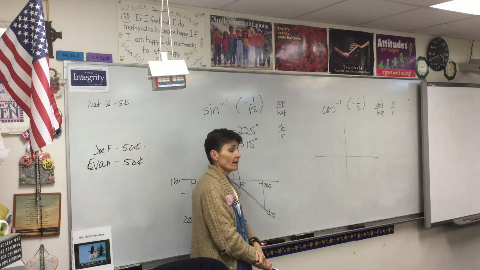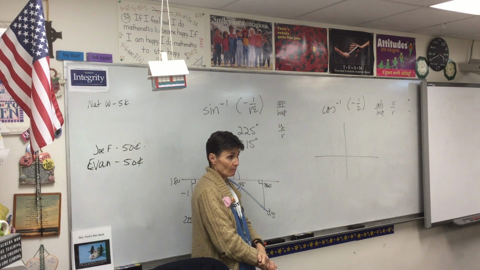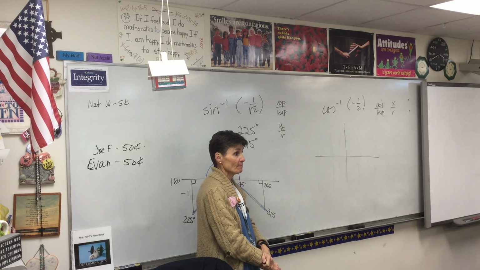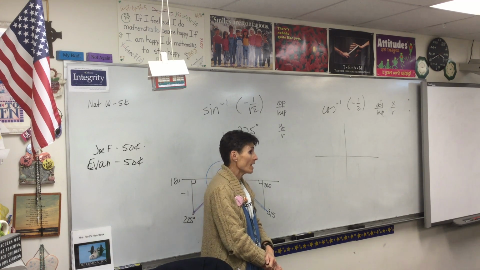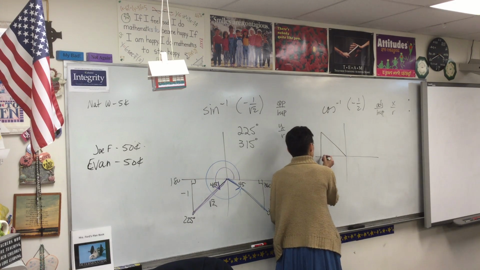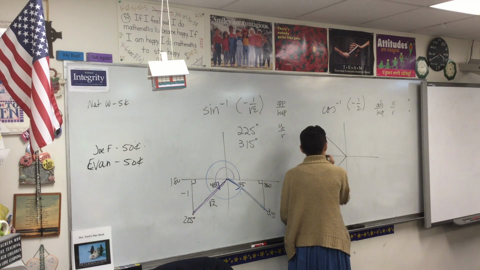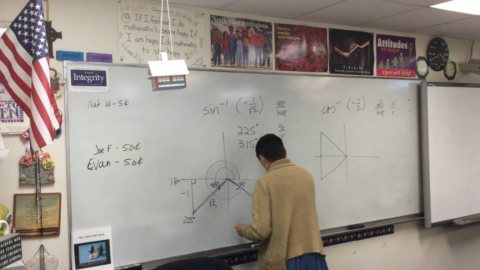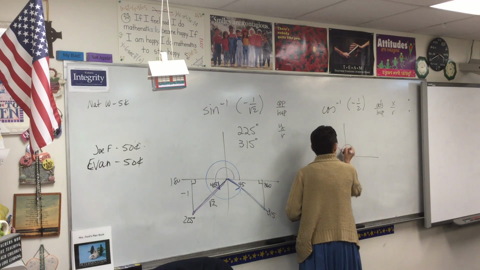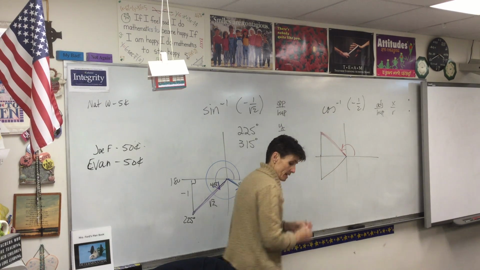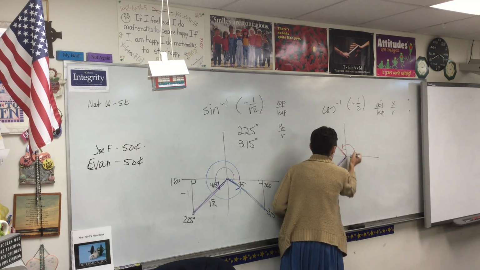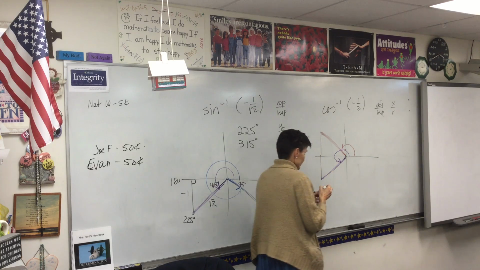Left side. I asked you not to blurt it out, but you did. Is everybody good with being on the left side? X is cosine, negative over here. So I've got a picture over here and over here. One of my angles is this one, and the other one is this one.